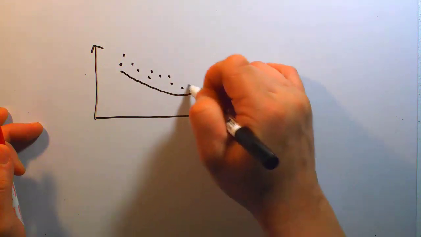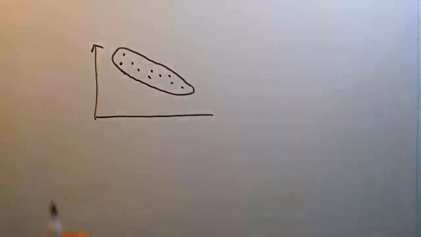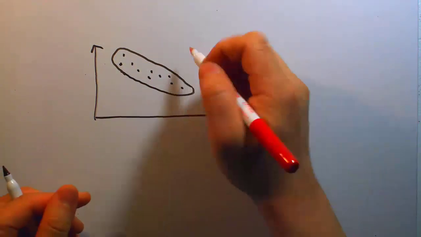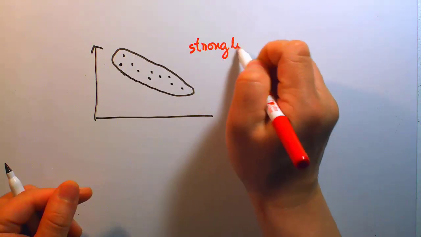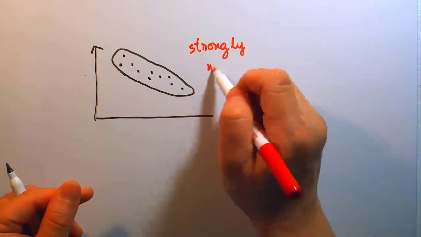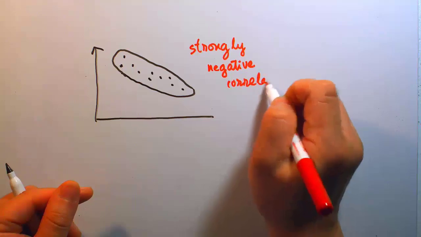However, here we recognize the bandwidth is a lot thinner. And so the term we used for this was strongly negative correlation.